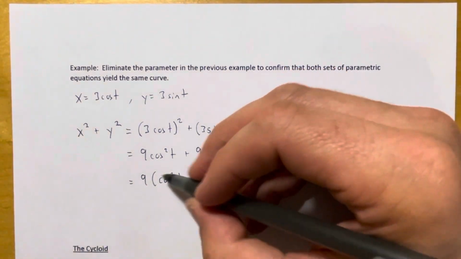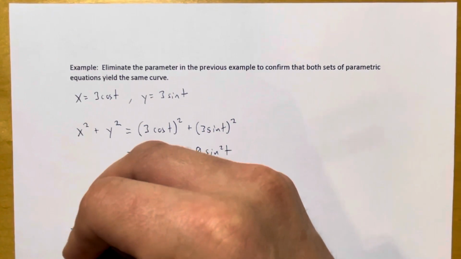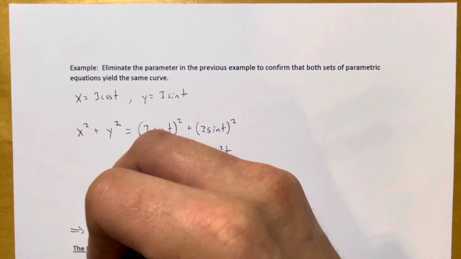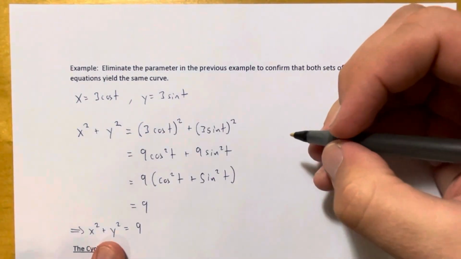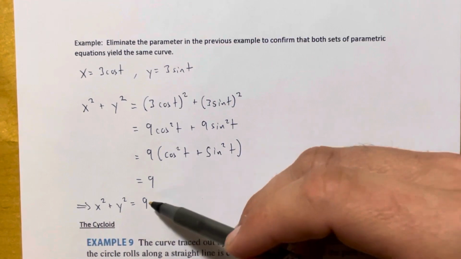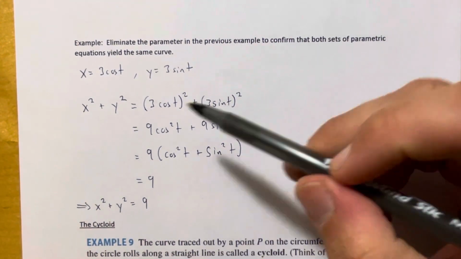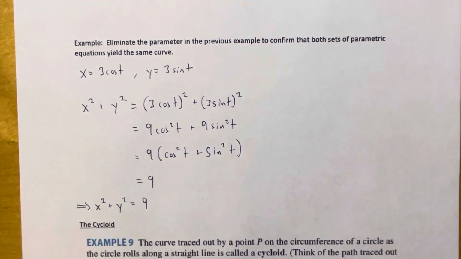That would equal 1, and so 9 times 1 would just give me 9. And so this left me with this equation, x squared plus y squared equals 9. That I recognize as the equation of a circle centered at the origin with a radius of 3, which is exactly what we got when we sketched this thing out the long way, okay?